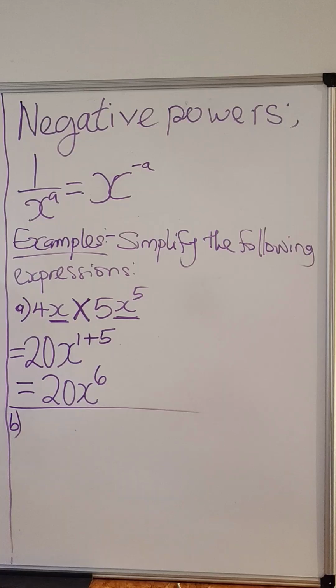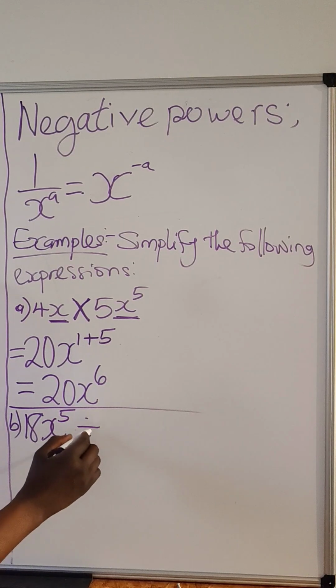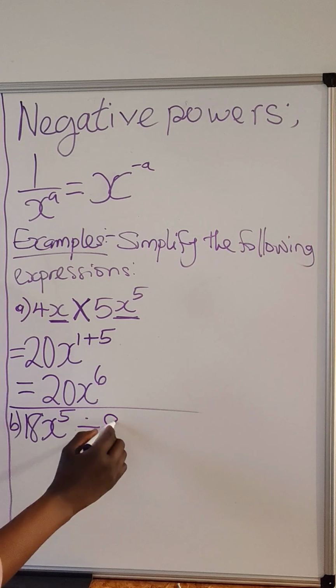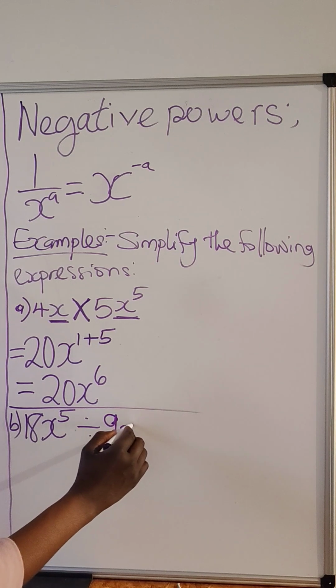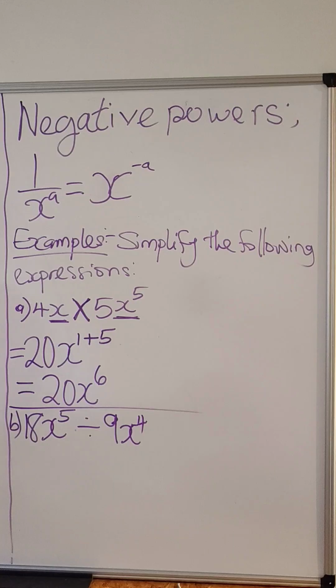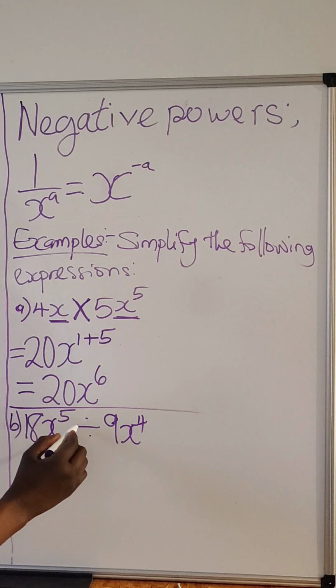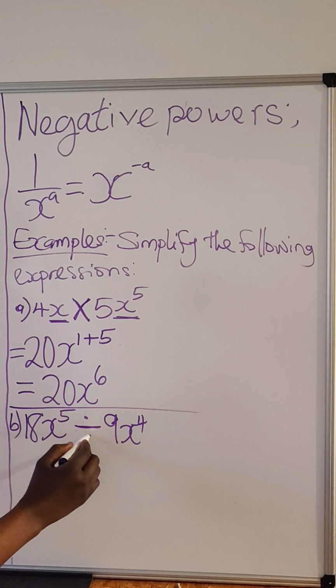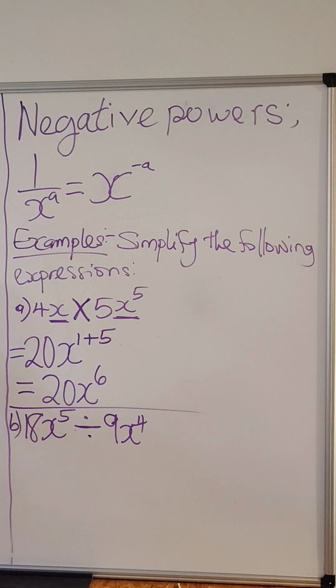We move to the letter B of it, which is 18x raised to power 5 divided by 9x raised to power 4. Viewers, the operation we have here is a division, and there is a law of indices for division law, in which the powers will be subtracted.